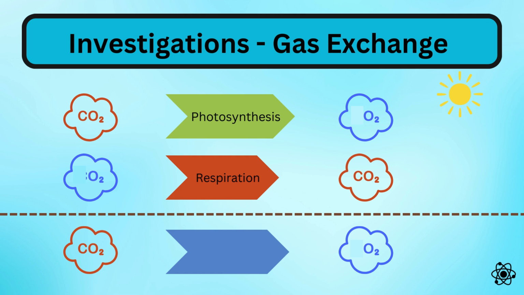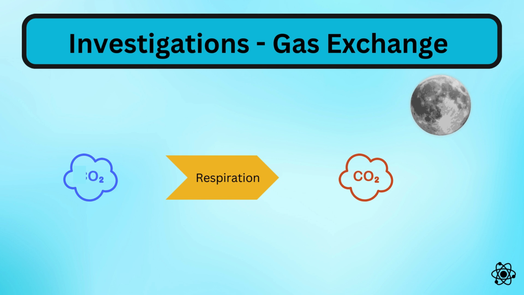So, as you can see, during the day, even though both photosynthesis and respiration are happening, there is a net intake of carbon dioxide and a net output of oxygen. And during the night, the plants take in oxygen and give out carbon dioxide.